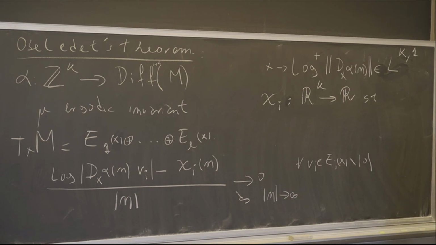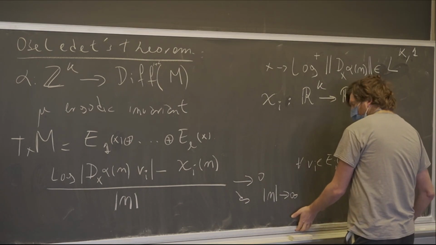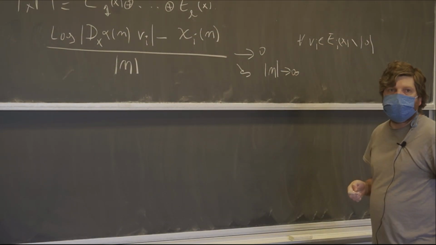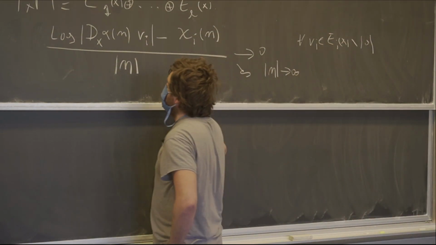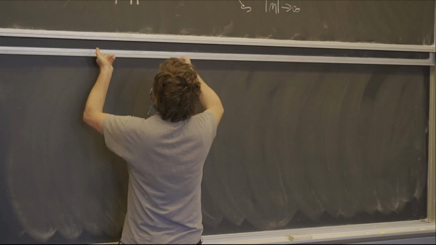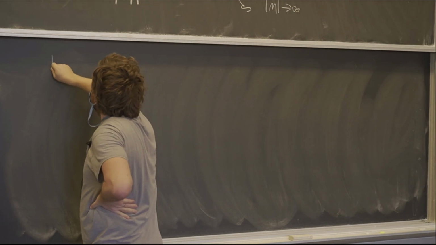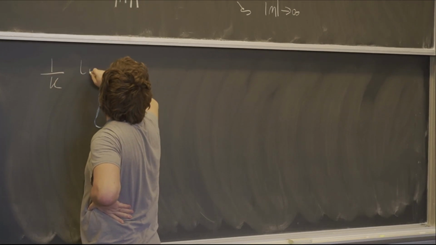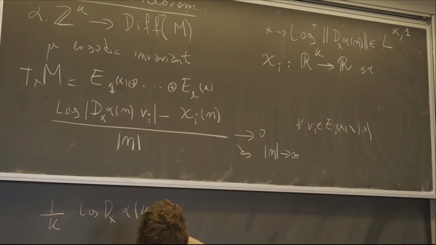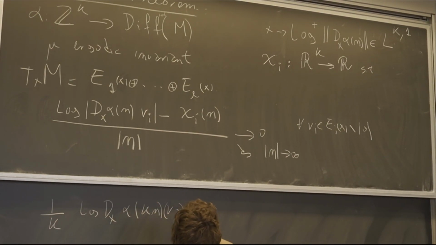So the standard Oseledets will tell you something a little bit different. Let me just write it down here. What will standard Oseledets tell you? It will tell you that 1 over k log of norm of d alpha^(kn) v_i, this goes to chi_i of n.